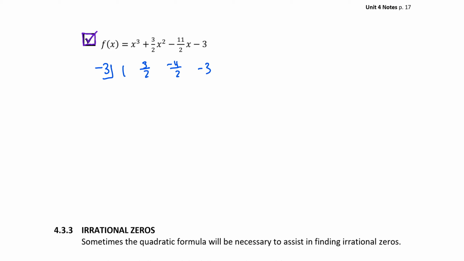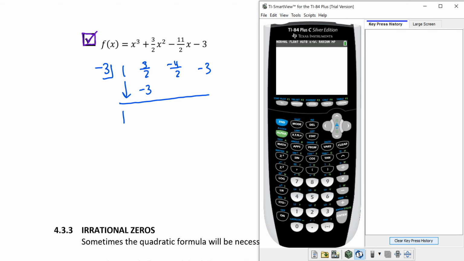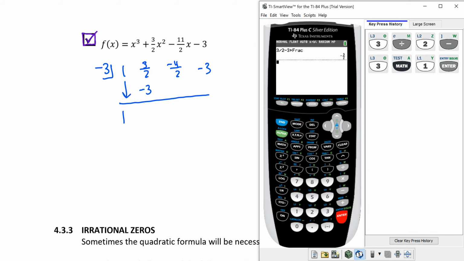Now keep your calculator handy. You might need it on this one. The process is going to be the same. Multiply the number in the box times the number on the baseline. But remember, you always have your calculator to help with the arithmetic. If you don't need it, that is awesome. If your brain is tired, then remember you can just type this into your calculator, use your math fraction option.